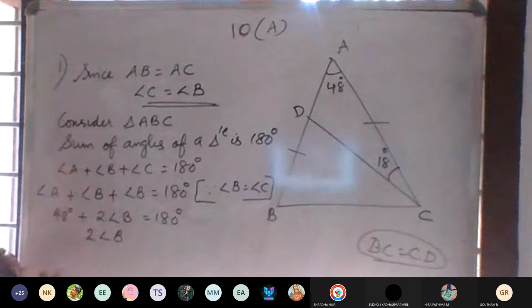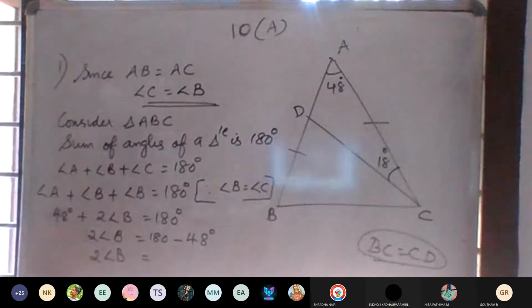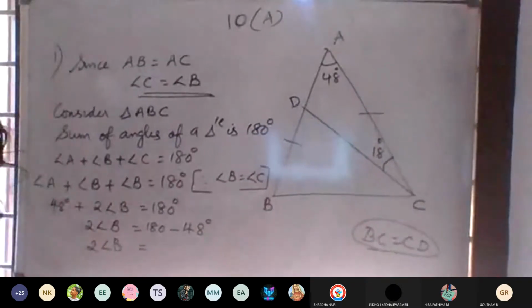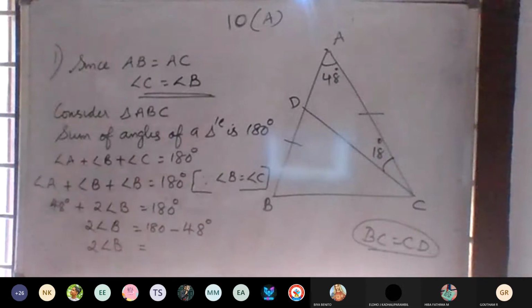So 2 angle B is equal to 180 minus 48. 2 angle B is equal to 132.